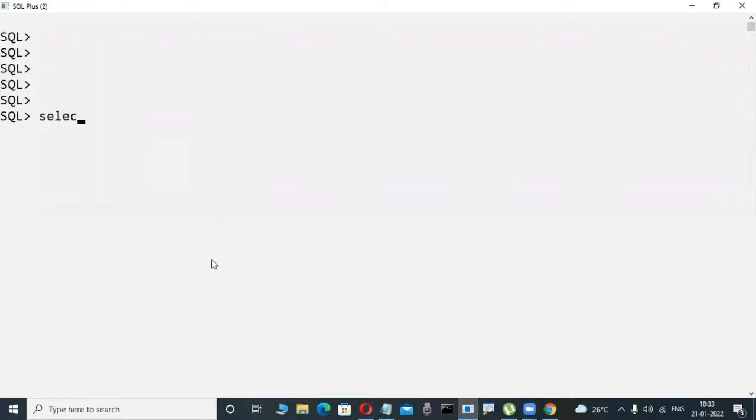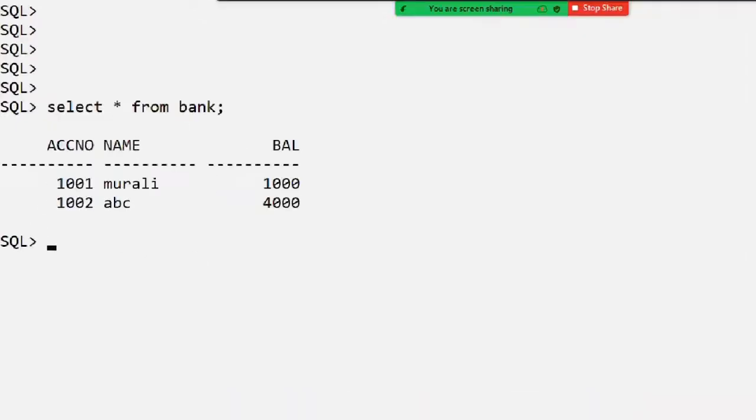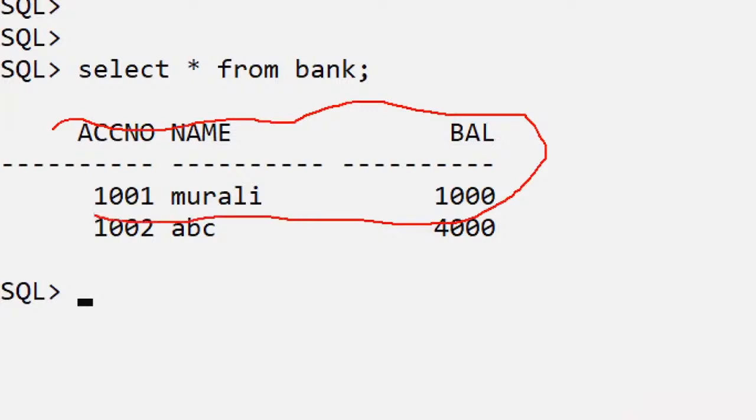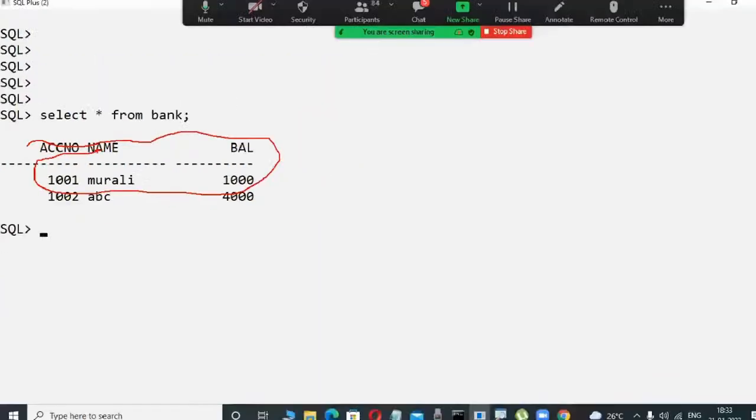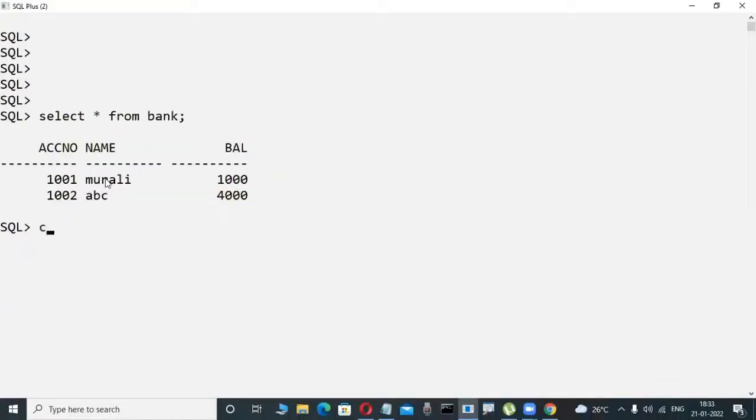Maybe bank is a table, as in the previous case. I already created these tables in other classes. How I create this table means some syntaxes are there. Don't worry, SQL language is there. Same like today, I'm creating one table, for example. Don't write it.